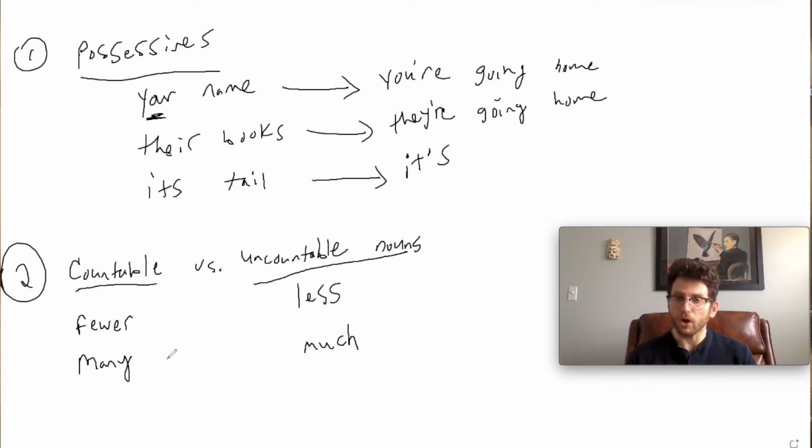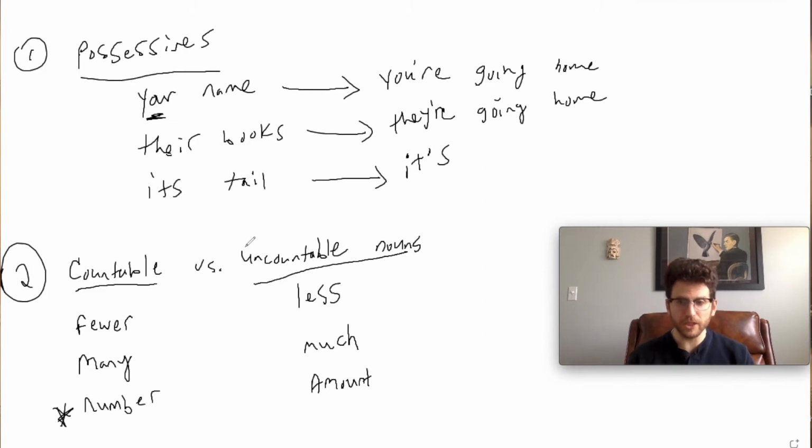We also, with countable nouns, would use the word number. And with uncountable, we would use amount. Okay. These two, I would say, amount and number, are confused all the time.